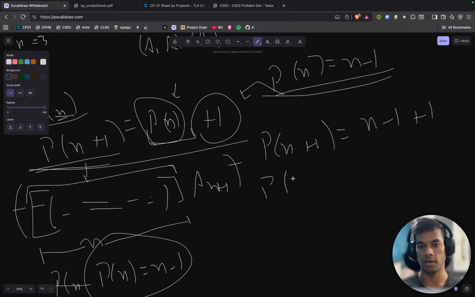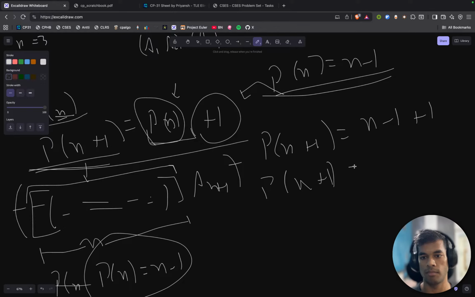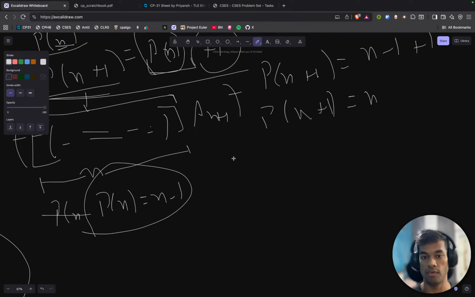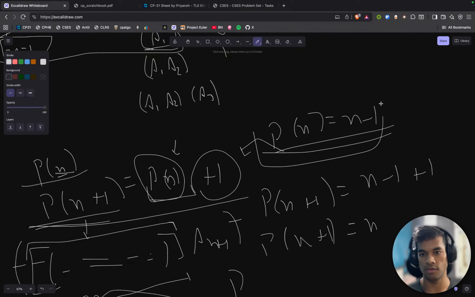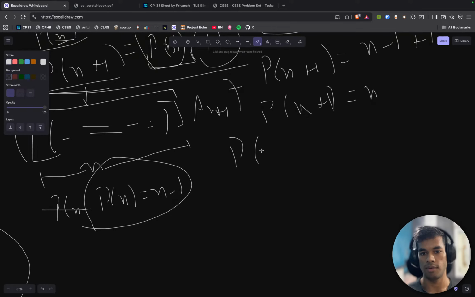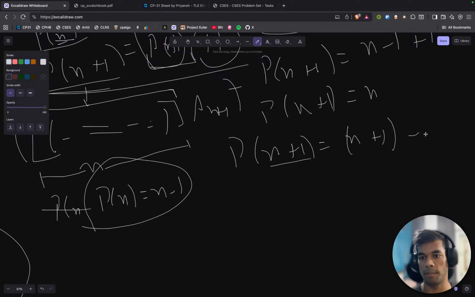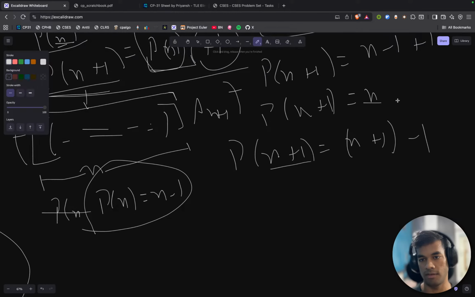So Pn plus 1 equals n, which if we state in this form, we will have Pn plus 1 equals (n plus 1) minus 1, the number of matrices minus 1, which is equal to n.